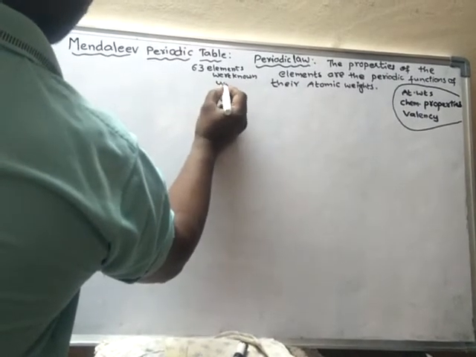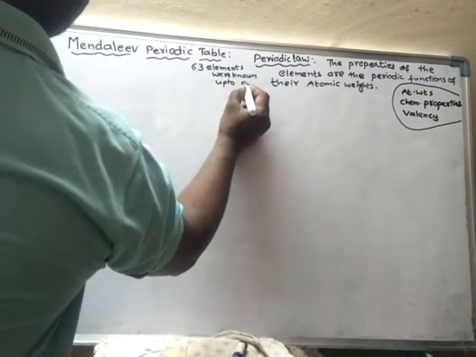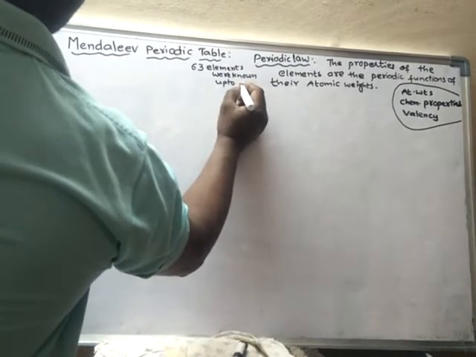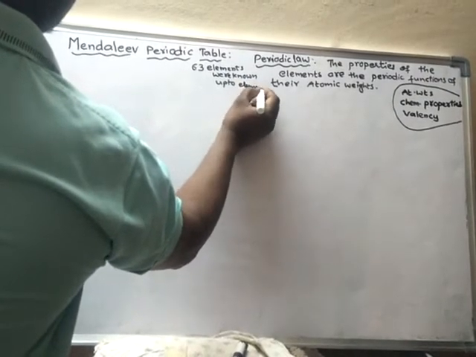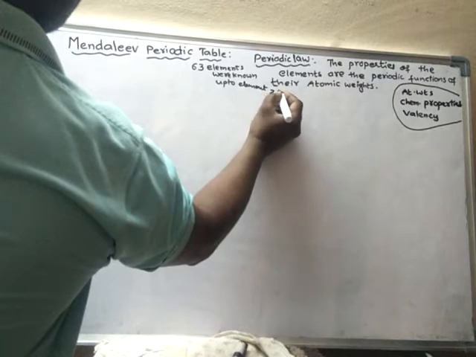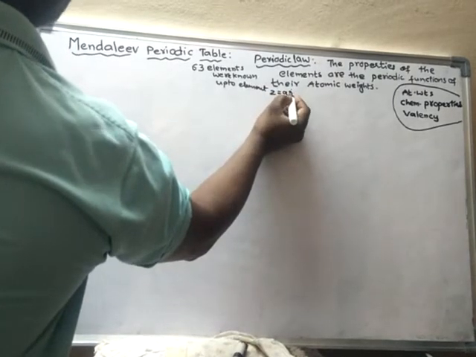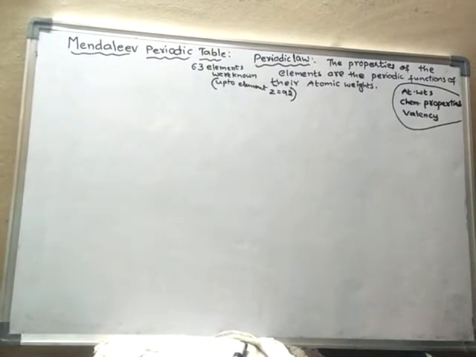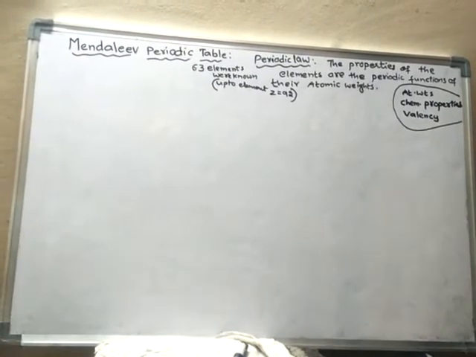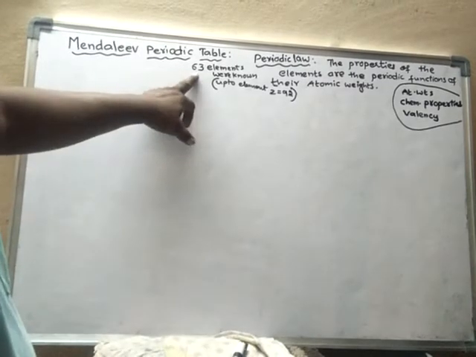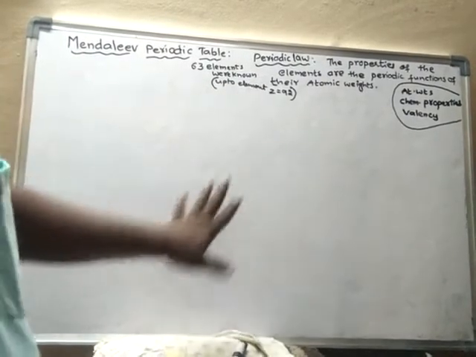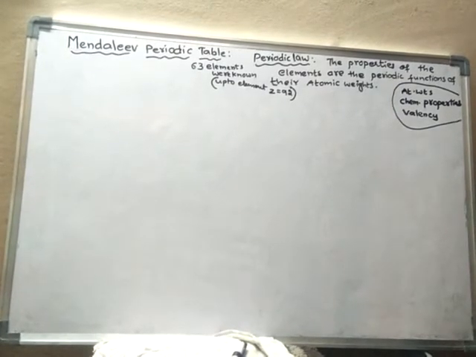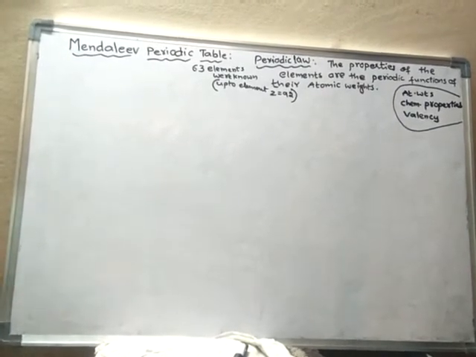That means up to uranium, the element whose atomic number is 92. So these elements were known, but all 92 elements were not known. Only 63 elements up to atomic number 92. So that means in between there are so many elements missing.